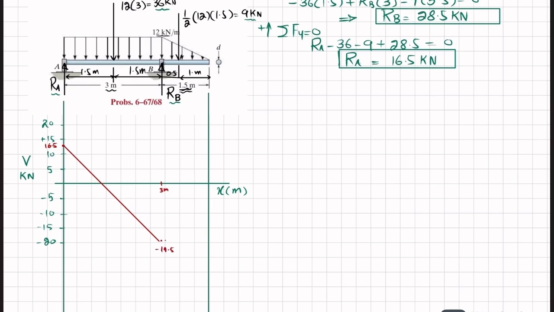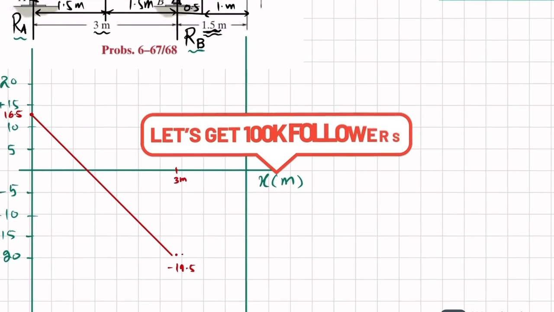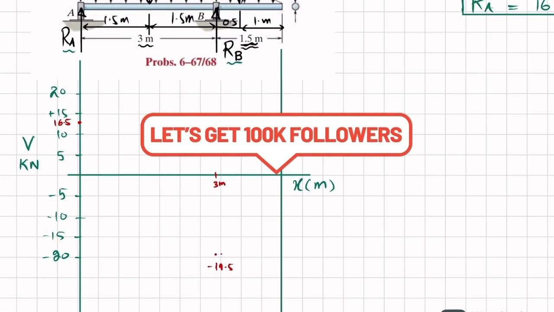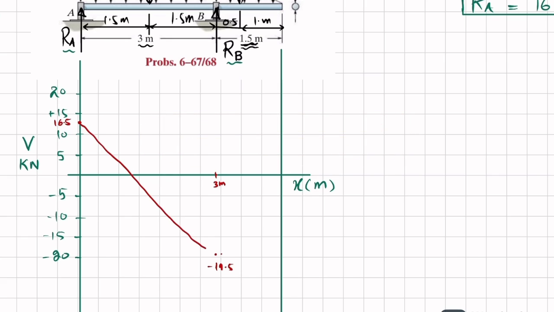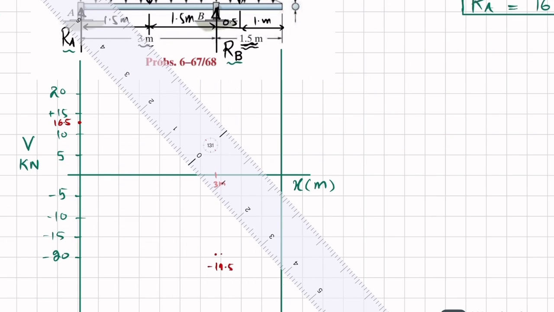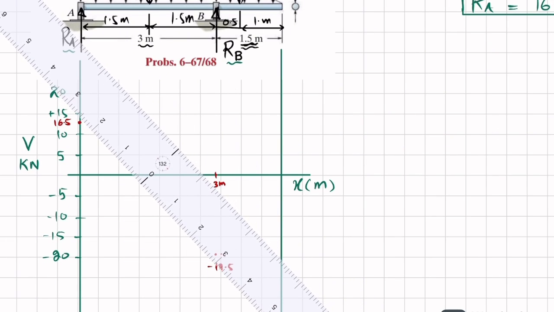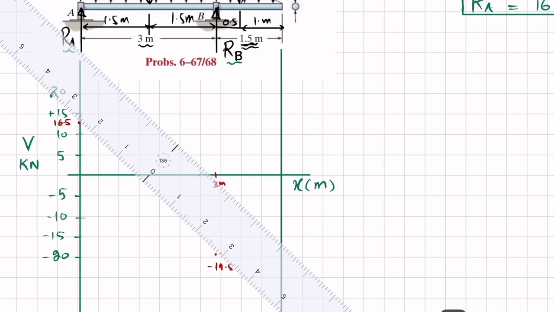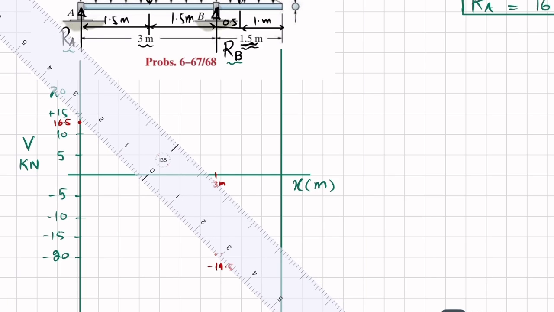It will be a straight line joining these 2 points. Let me join it by using the ruler.